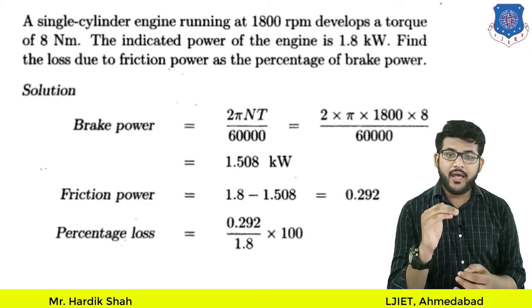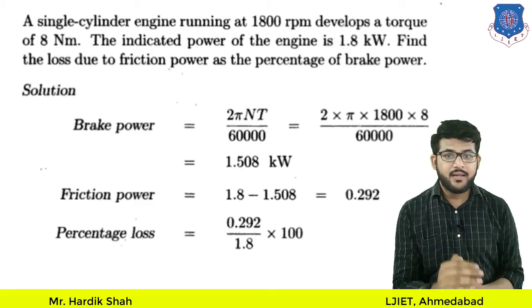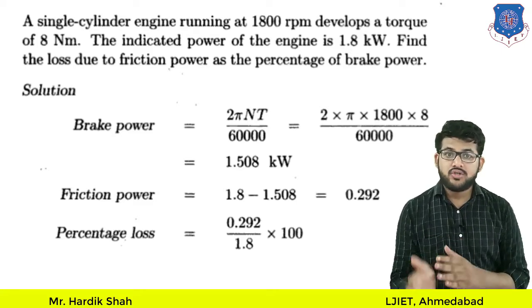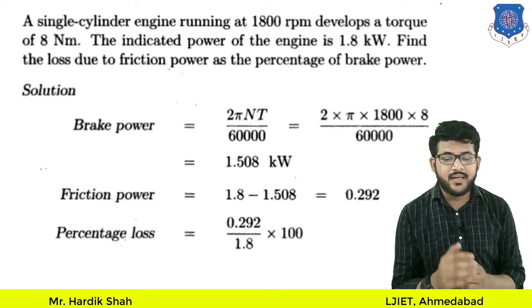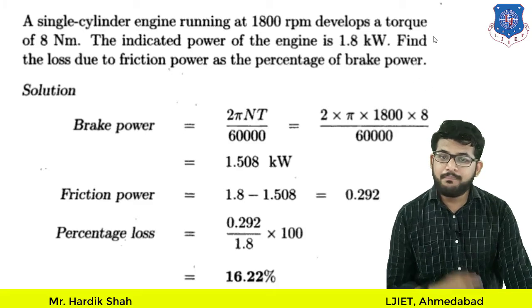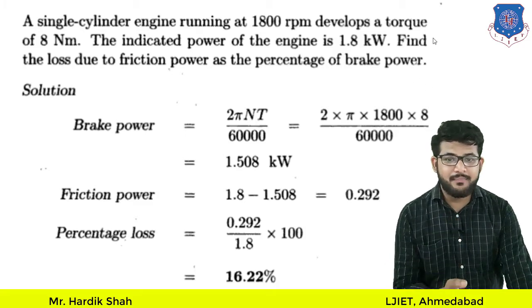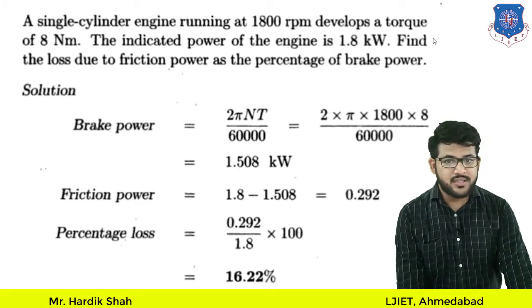FP that we have found is 0.292, IP we are given, that is 1.8. So we get the answer of the percentage loss, that is 16.22%. This is a simple formula and simple example that is generally asked in an exam. So this was the first question.